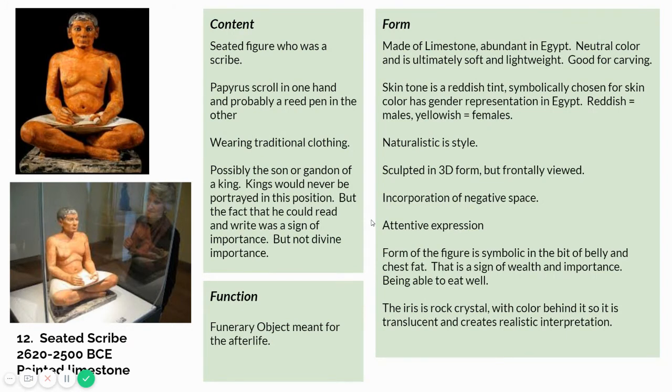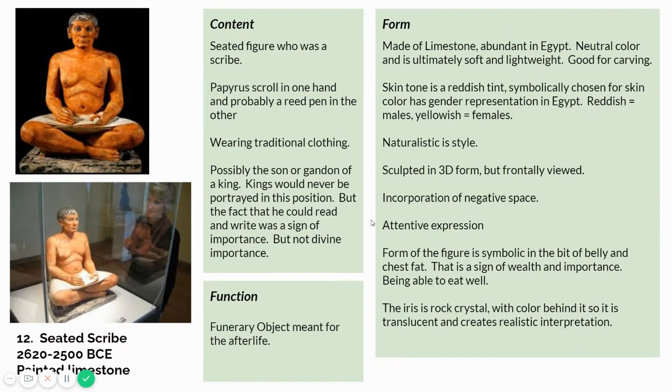Then these sculptures that were carved from limestone were then painted. And we have this person covered in a very reddish tint skin, symbolically chosen for the skin color. Egypt has colors that represent gender.